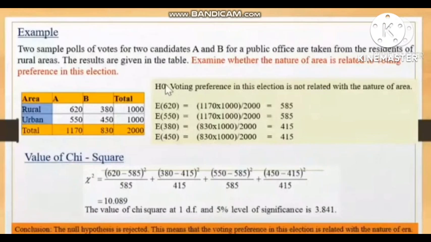What is the question? The question is that there are two candidates, A and B. They have got votes from rural area and urban area.